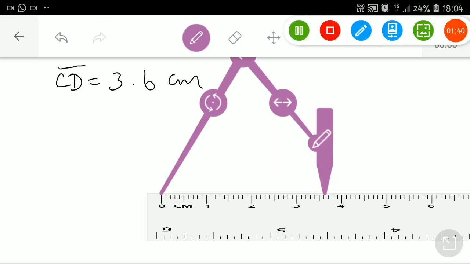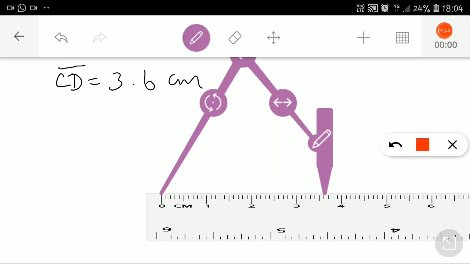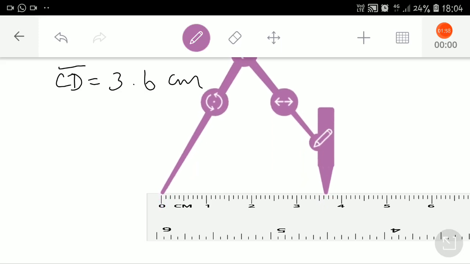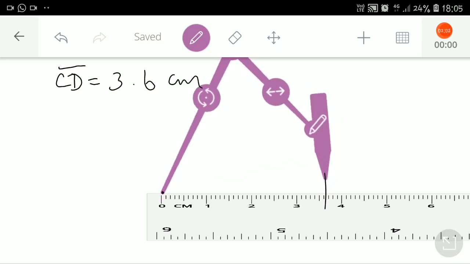Before starting to draw the line, first keep a mark exactly in this 0. You are going to mark the starting point and then 3.6 is the ending point. Here you are going to cut an arc like this. Okay? You are going to cut an arc like here at exactly at 3.6.